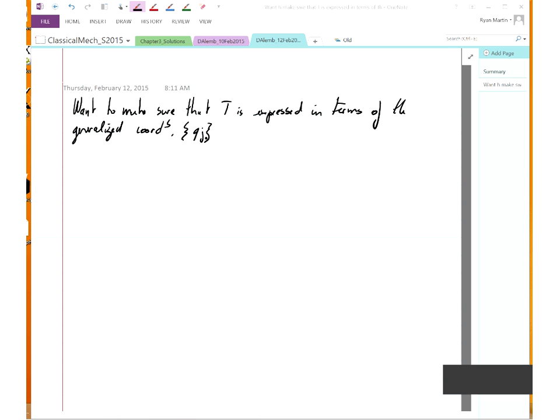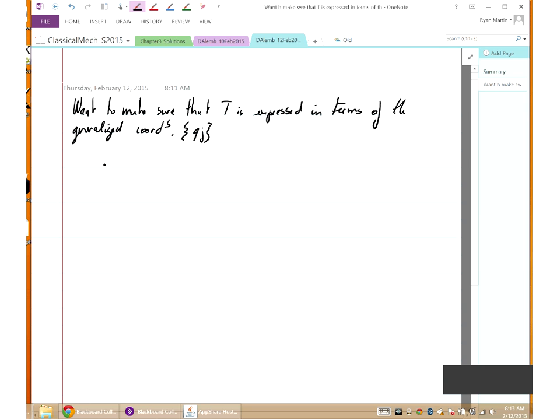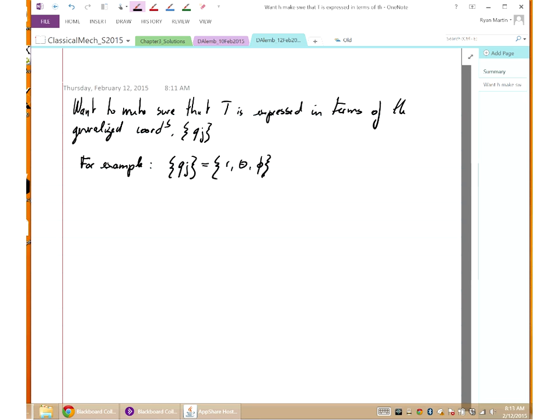So for example, maybe the qj's are spherical coordinates, because we found that the system is much easier to describe in spherical coordinates than it is in Cartesian coordinates.